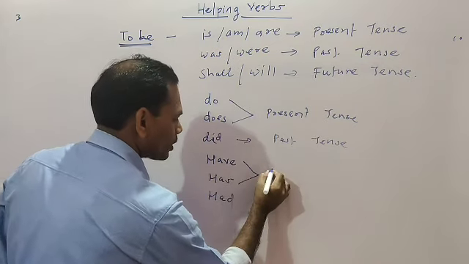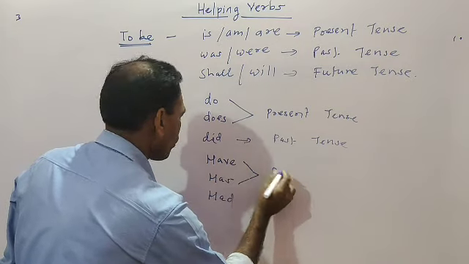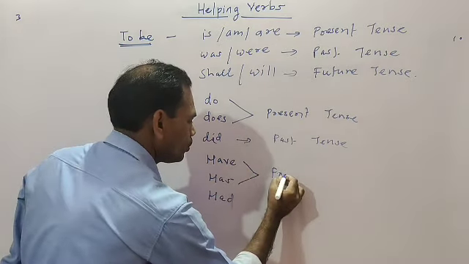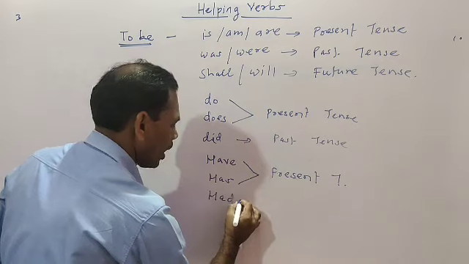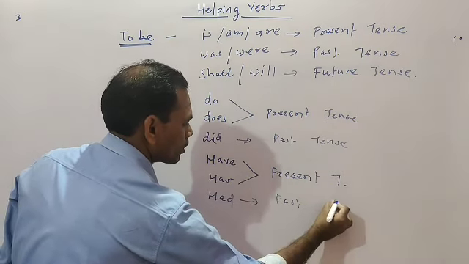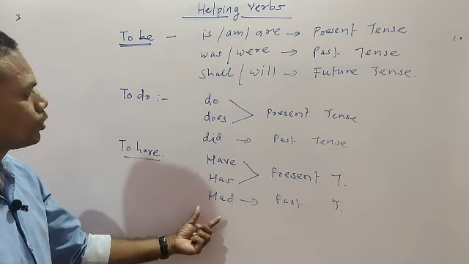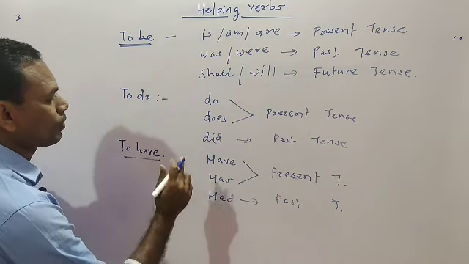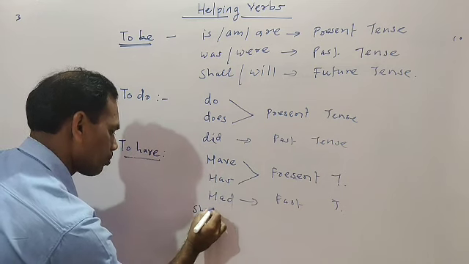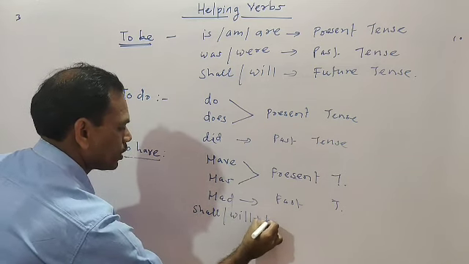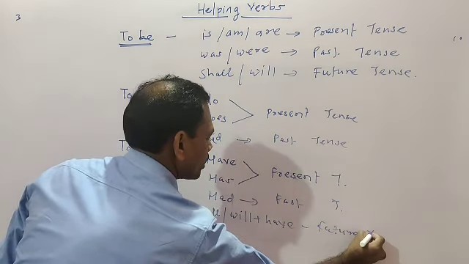Both have and has, these two helping forms of have, are used in present tense, and had is used in past tense. Again, there is no specific future form, and that's why we may use shall or will plus have as a future form or future tense.